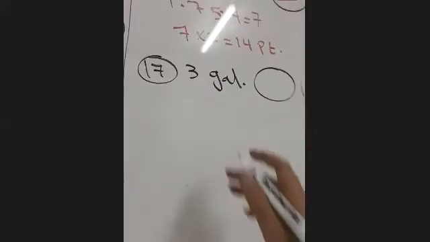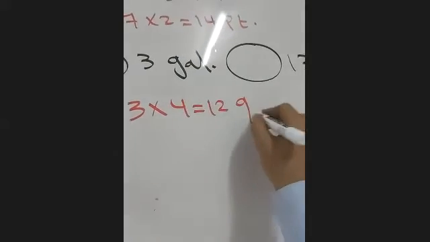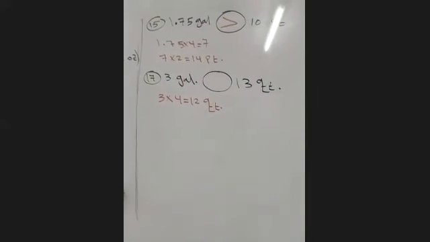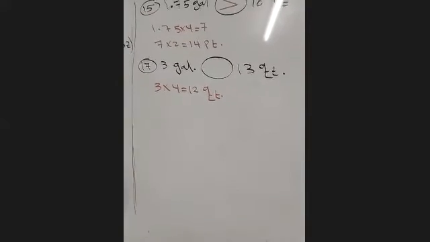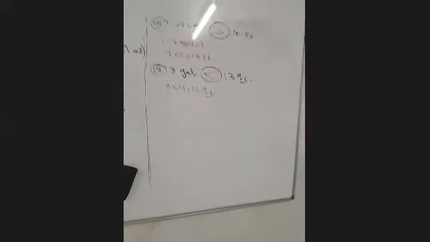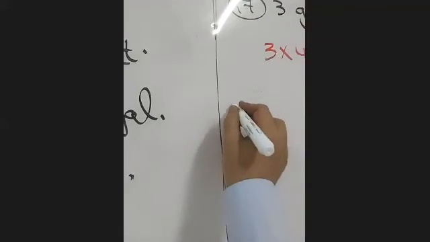So 3 multiplied by 4 turns the gallon to quart. It is 12 quarts. Which one is bigger, 12 quarts or 13 quarts? 13 quarts is bigger. This is question 17. Question 19, the last one.